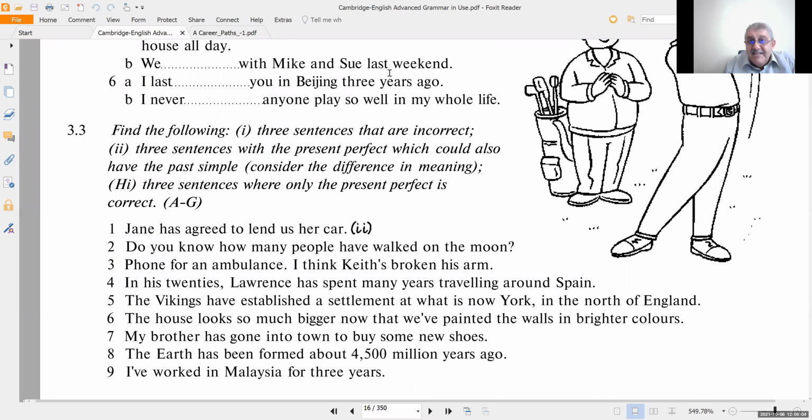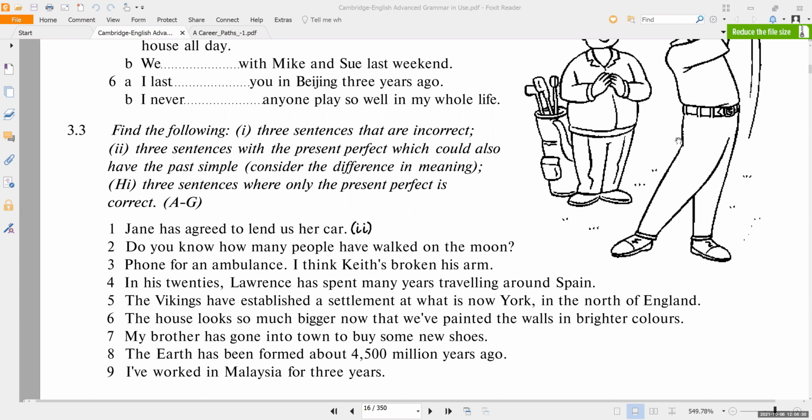We have 3 sentences that are incorrect, 3 sentences with the present perfect which could also have the past simple, and 3 sentences where only the present perfect is correct. Now let's do it and see how this works.